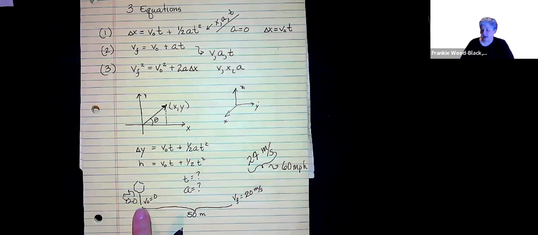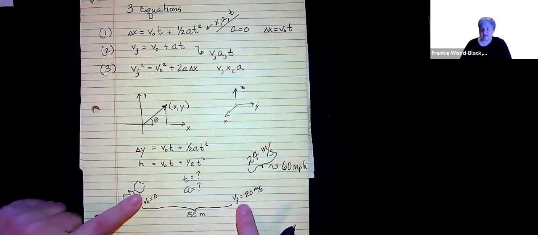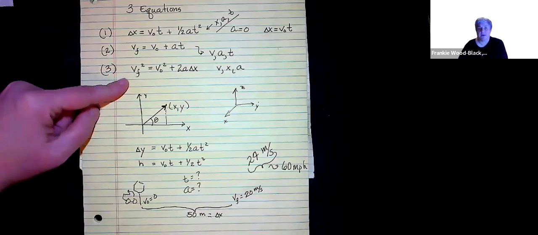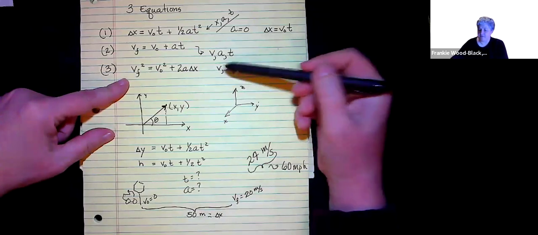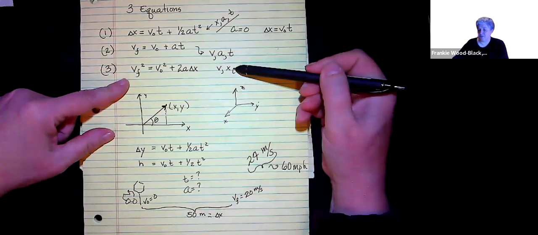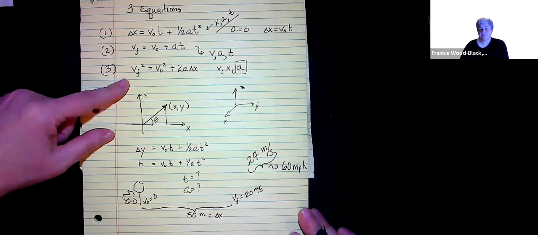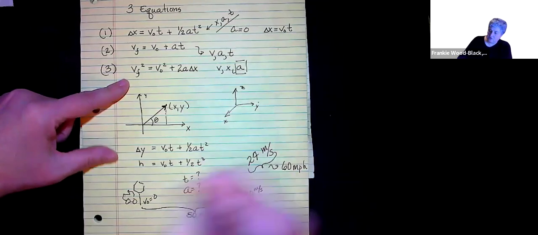So what I've got here is I've got my initial velocity and I've got my final velocity, and I have my change in position. So if I do this equation, I have my velocity, I have my change in position, and this is what I'm trying to solve for. So I can use that equation.